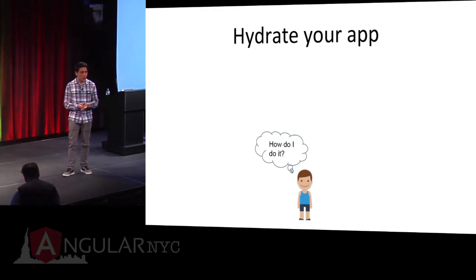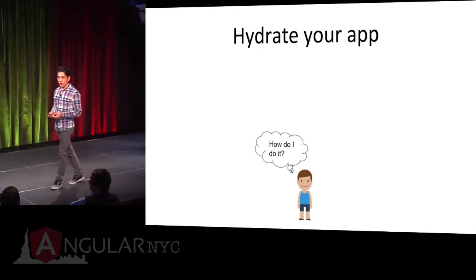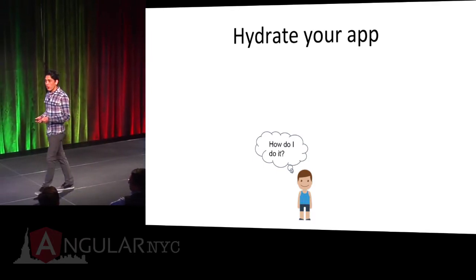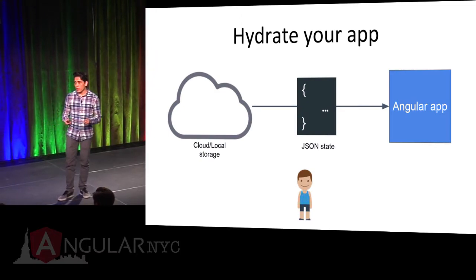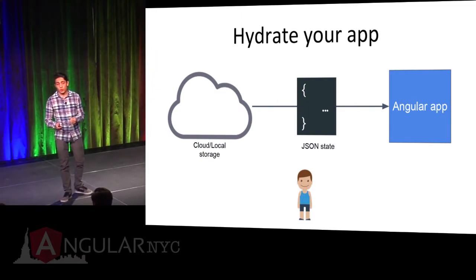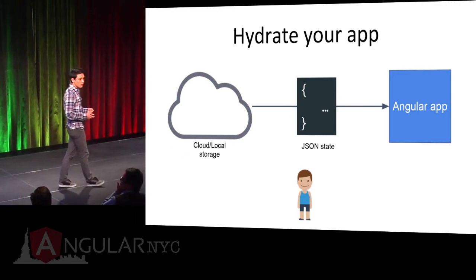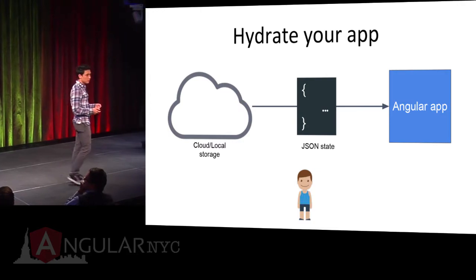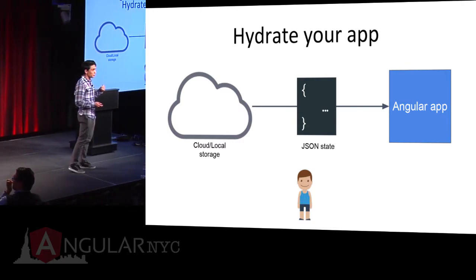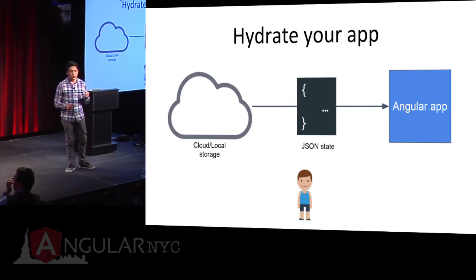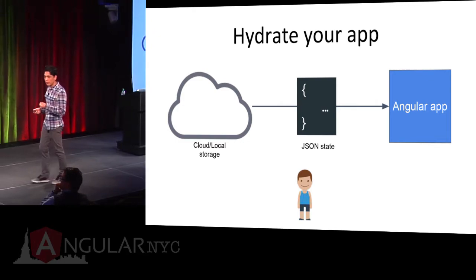Normally, he would write bunches of code just to implement that. However, with centralized state, all he needs to do is pass his JSON state from local storage or cloud to the app, and it will work out of the box. However, notice that this only works if your application state is serializable, meaning that it can be converted to JSON.